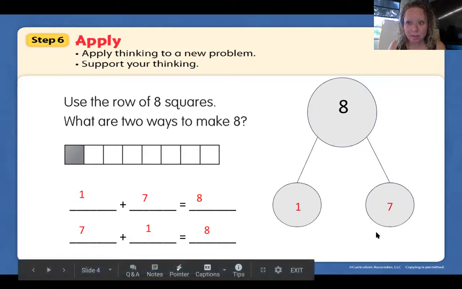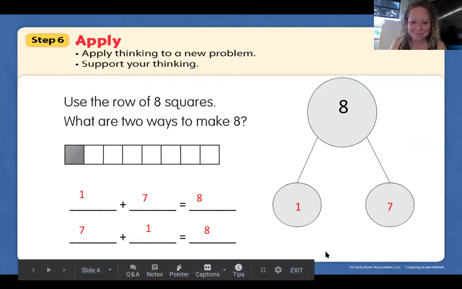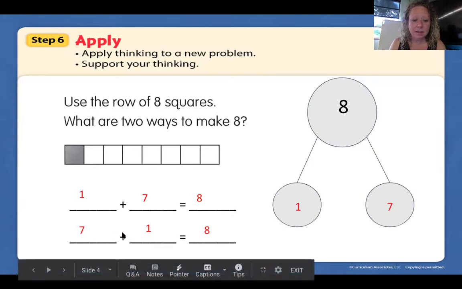Do you remember what that's called when we change the problem? It's called a turnaround. Good job. Let's read our equations. 1 plus 7 equals 8. 7 plus 1 equals 8.